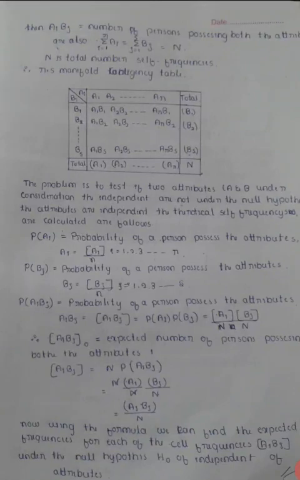So on, last row A1Bs, A2Bs, so on ArBs, that row total is in bracket Bs. The first column total is A1, second column total A2, so on the rth column total is Ar. So the total number equal to total of columns is capital N.